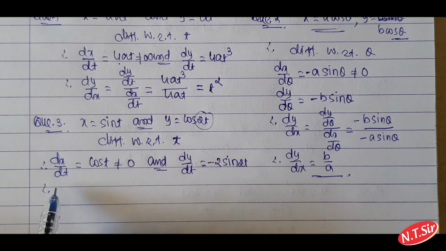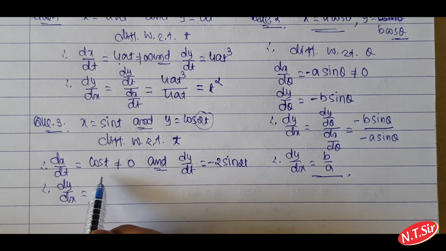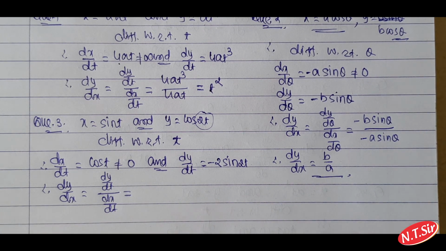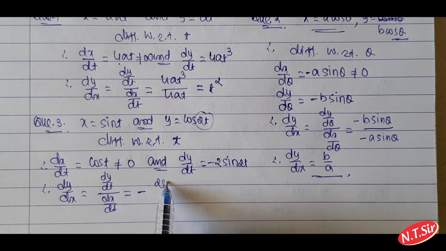So therefore dy by dx is equal to dy by dt upon dx by dt. Now dy by dt is this, so minus 2 times sin 2t upon dx by dt, which is cos t. Now are you able to simplify this? Yes.